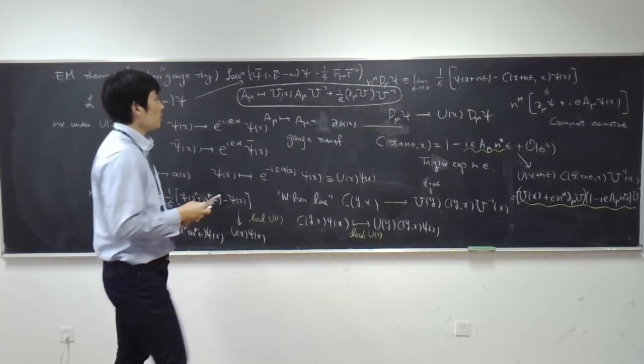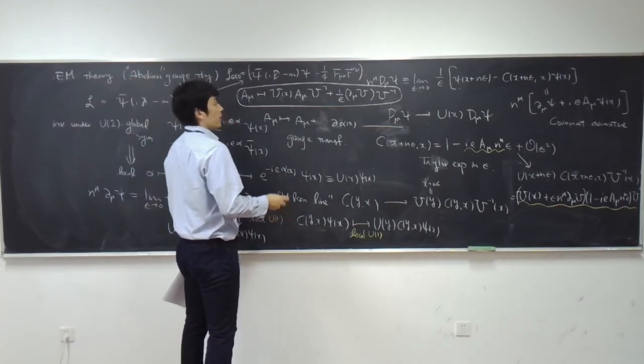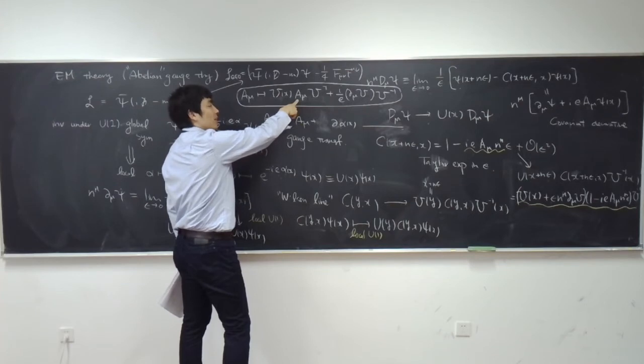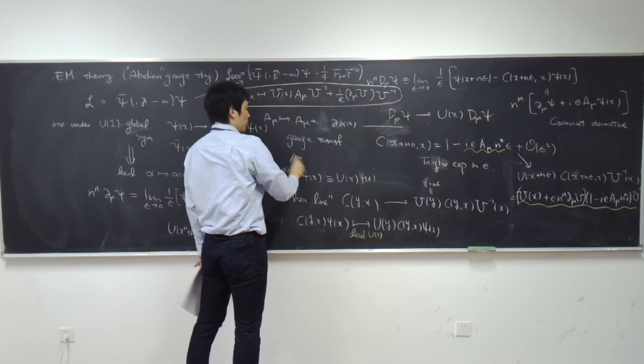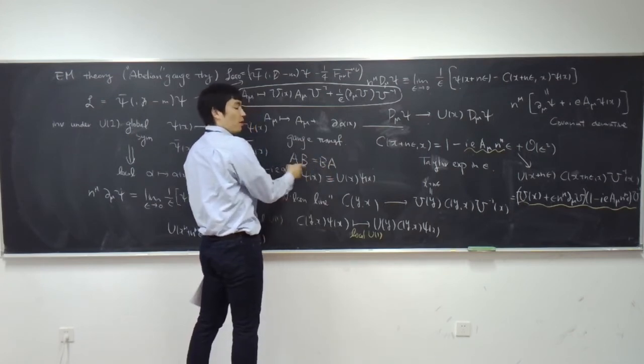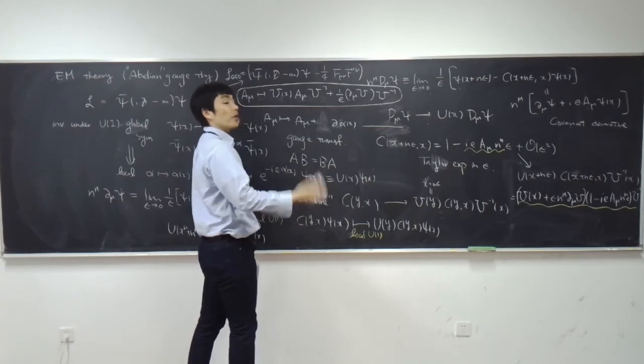Okay, but later, we will elevate this mu to matrix value, and U becomes no longer just a complex number. It becomes matrix valued. If A and B are matrices, it becomes non-commutative.